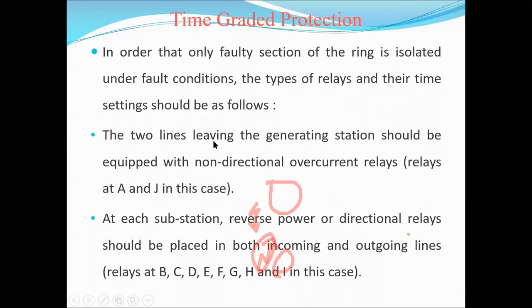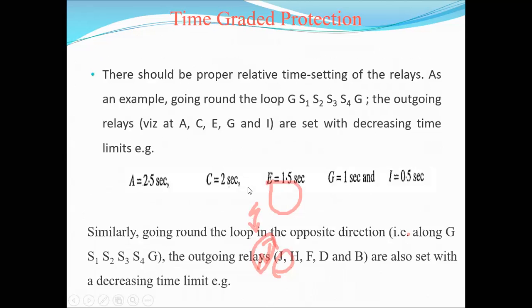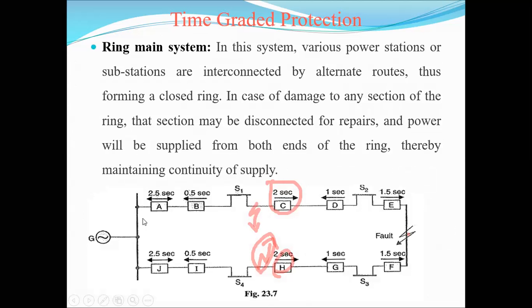The two lines leaving the generating station should be equipped with non-directional overcurrent relays at A and at J. At these points only we are taking the non-directional relay coils. Why?